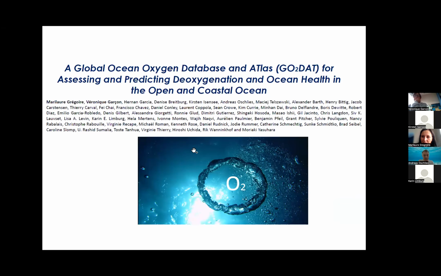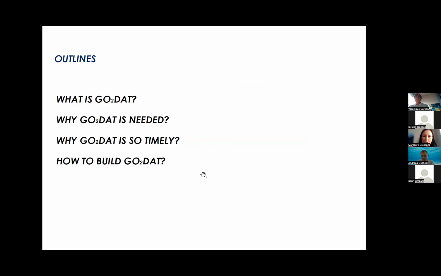Okay, good. So we'll talk about this Global Ocean Oxygen Atlas. This presentation is associated with a lot of co-authors. The main points we will address today are: what is this Global Ocean Oxygen Atlas and Database? Why is it needed?